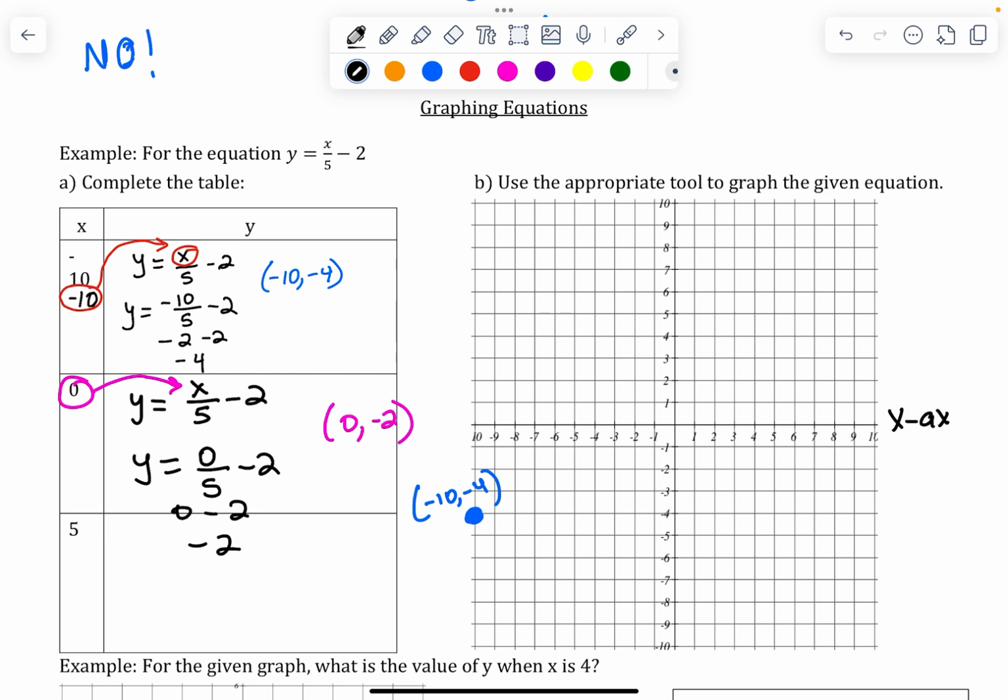Nope, on the y-axis. Our x-axis runs left and right. Our y-axis runs up and down. So that point is going to be on the y-axis at the value of negative 2. This 0 tells us we're not going left and we're not going right. So we're going to stay right on this y-axis.